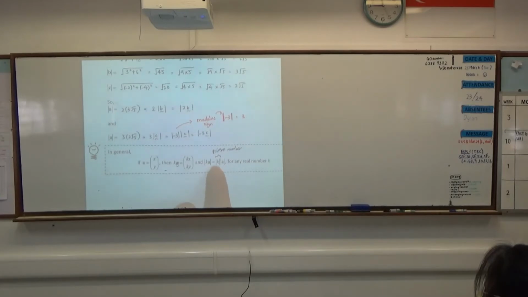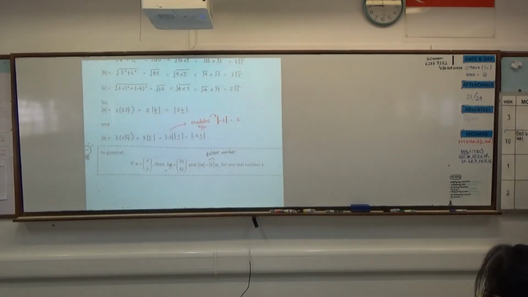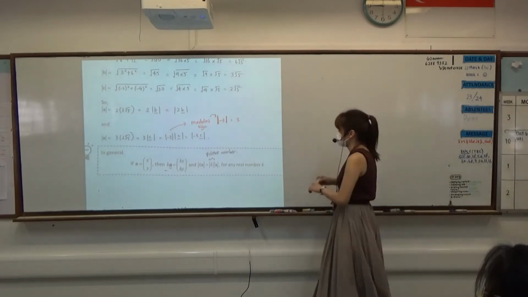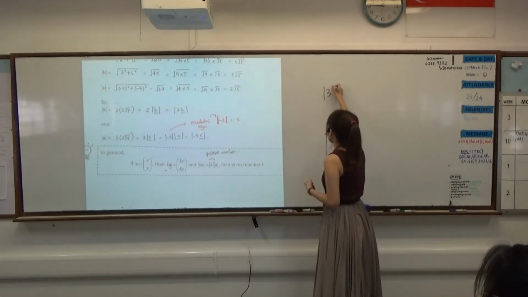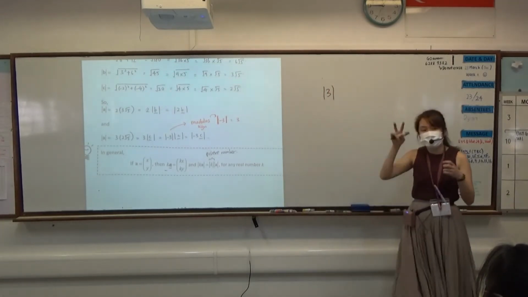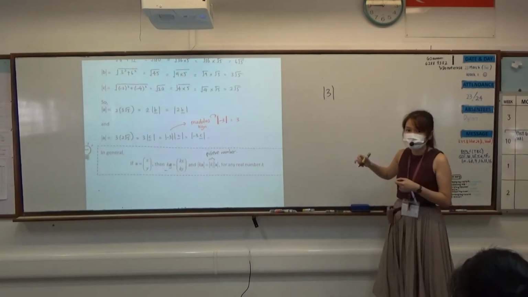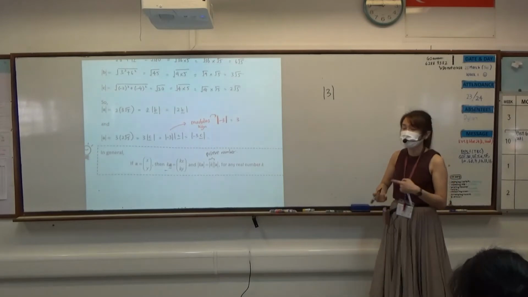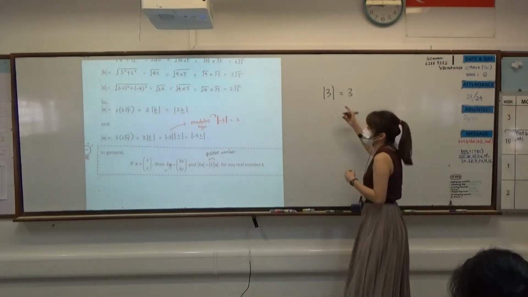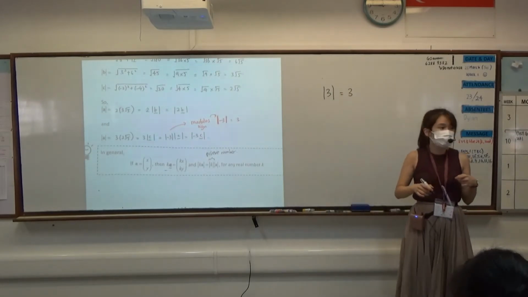I just want to emphasize the modulus of k. This is what we call modulus. The modulus of the number 3 will always generate a positive number, so the value of modulus 3 will be 3.